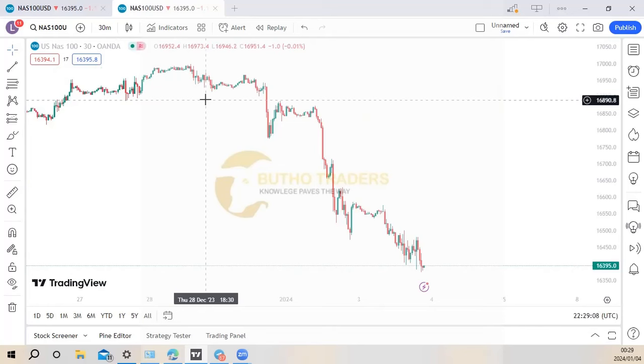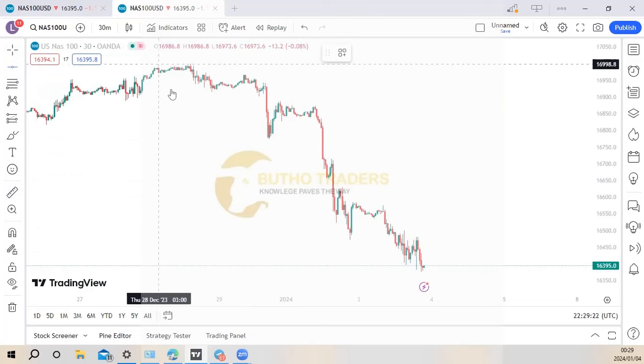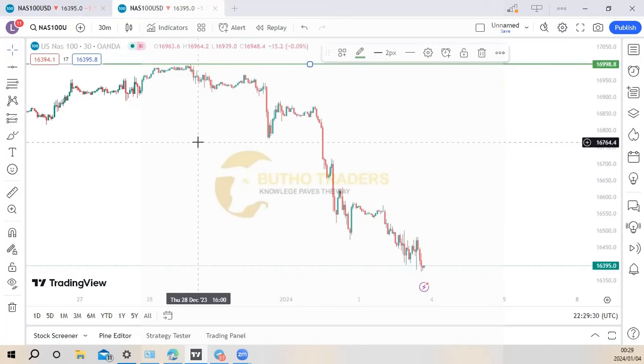You see that from this point the market has been going down. So I just highlight the spot using a horizontal line. From that part the market has been going down, meaning we've been having a bearish market.